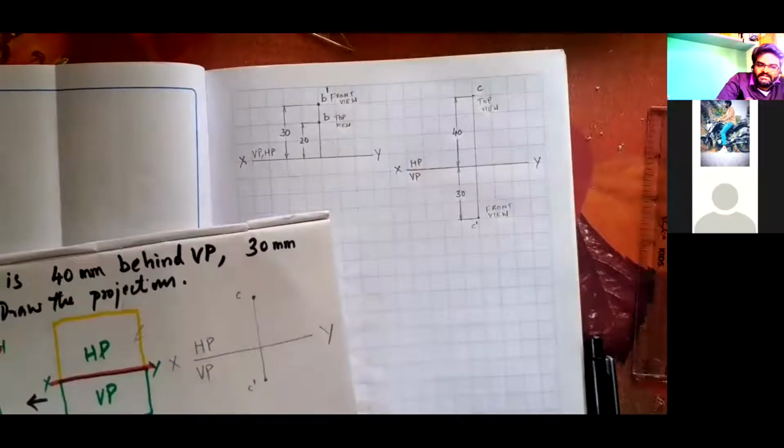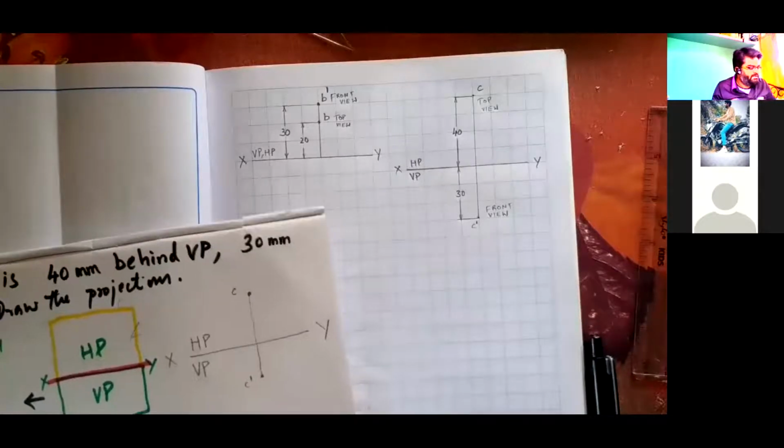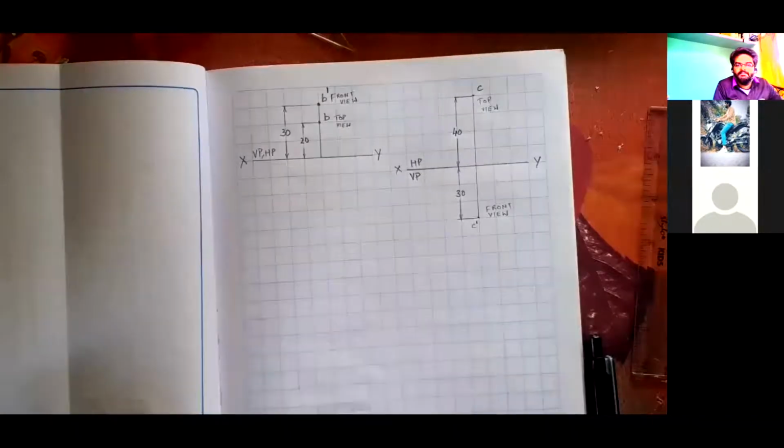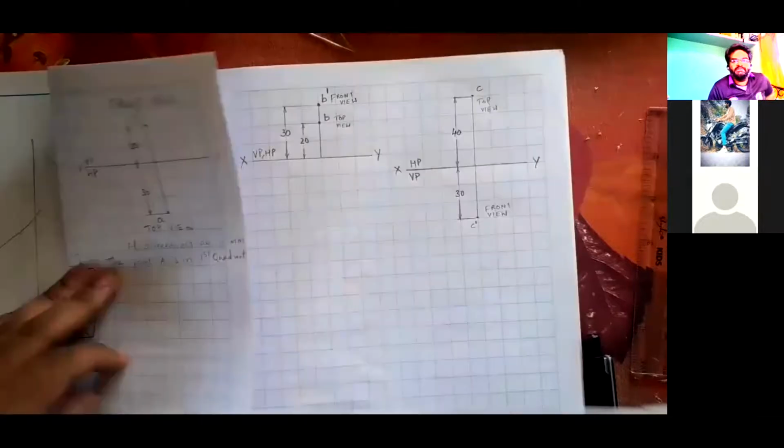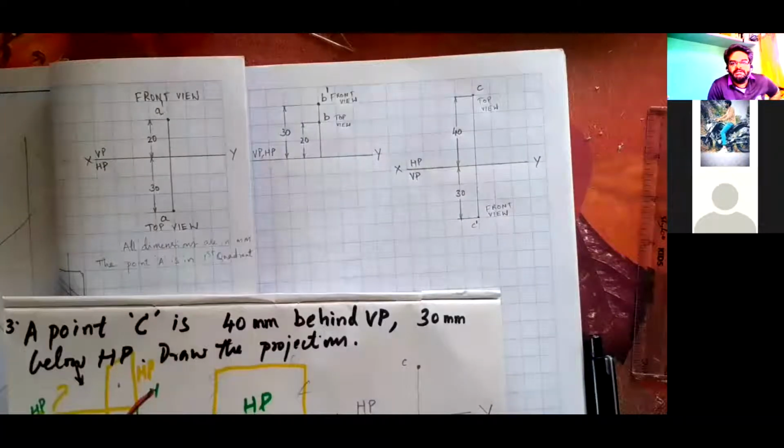Any doubts, please inform me, because it is very, very important. First quadrant and third quadrant are very, very important. We'll be continuing with the first quadrant and third quadrant, and why not the fourth quadrant. I'll give some examples also and explain the same cases. So any doubts, please tell me.